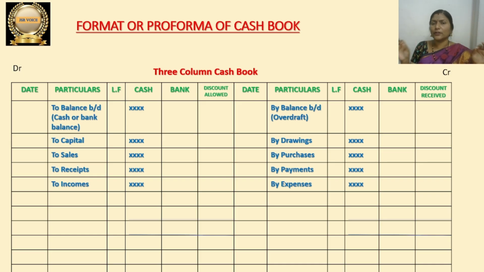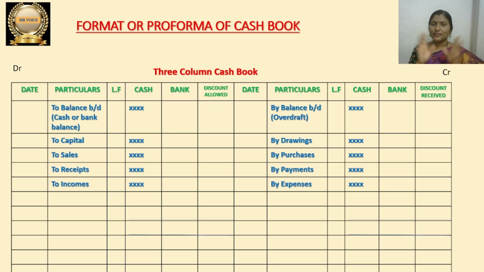That is the only logic we have behind this 3-column cash book. But transactions may differ. That is why I mentioned all the transactions. Mostly the very important transactions that we may deal with are these 4 on the debit side and 4 on the credit side. These kinds of transactions are going to be repeated in every question. That is why I mentioned these 4 and 4.